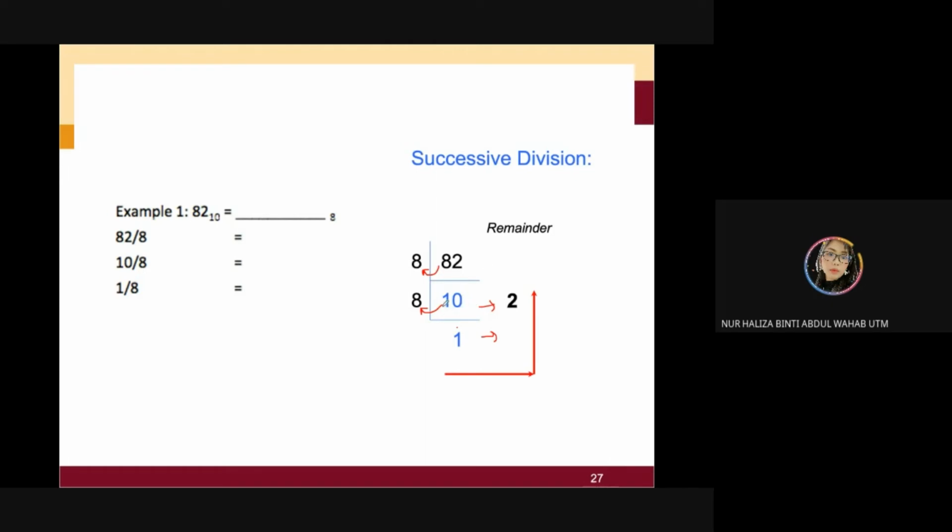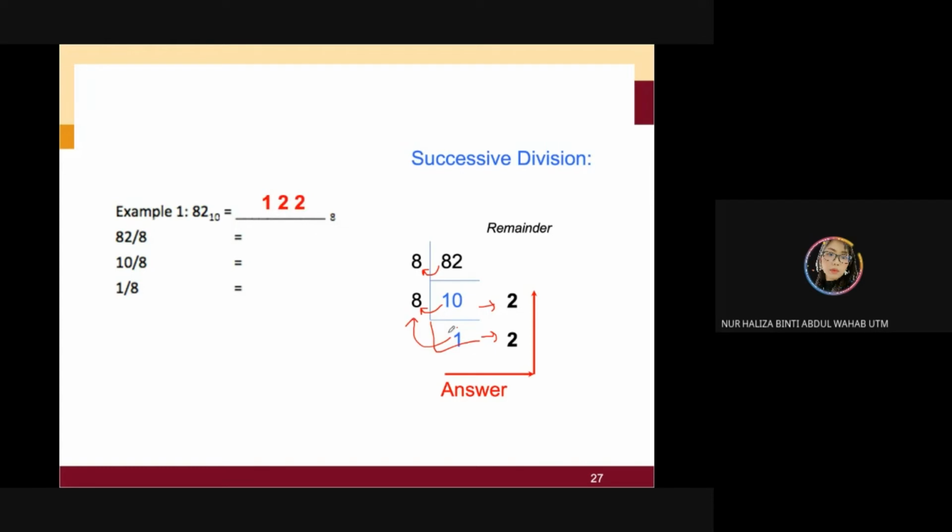After you divide with 8, what is the remainder? The remainder will be 2. So this is the one that you will get. You cannot divide 1 with 8.